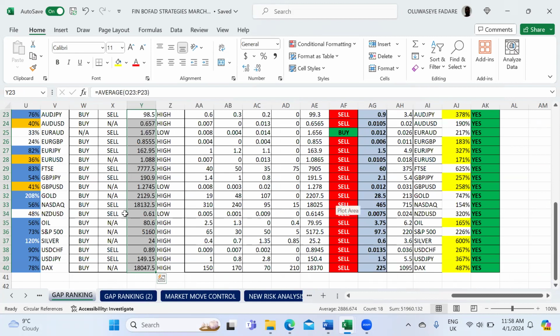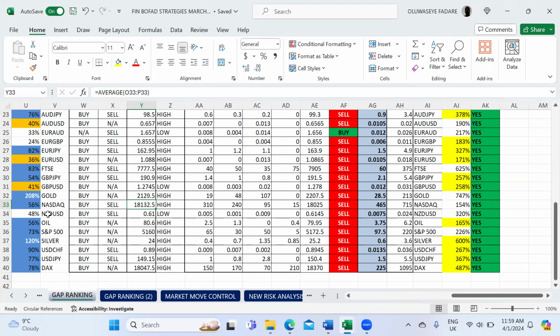So currently, this one is saying we should take a backup of a sell at 18.025. Also, it's giving us an average of 18.132. So you can see here, 18.132 is higher than 18.025. So from 18.132, we can start planning to sell downwards for NASDAQ if the price should come below that.